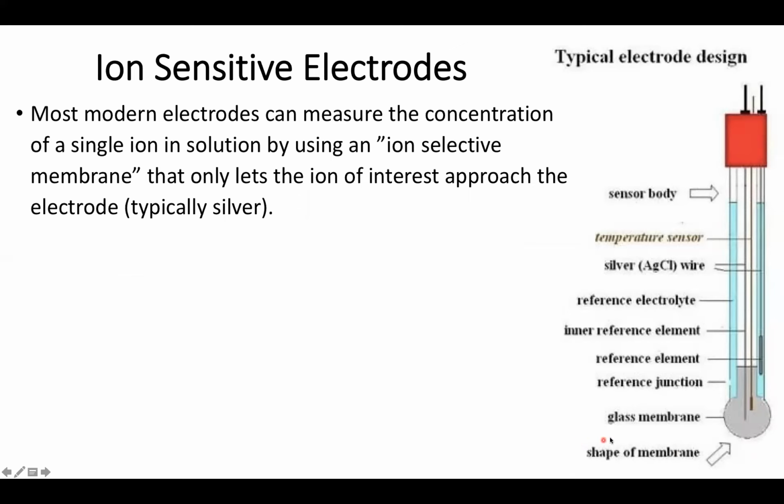What you have in these cases is an electrode hooked up to a solution, and the solution is inside a glass membrane, which usually has a slightly porous part at the bottom, which only allows specific ions to get through the membrane, in this case the ion the electrode is sensitive to.